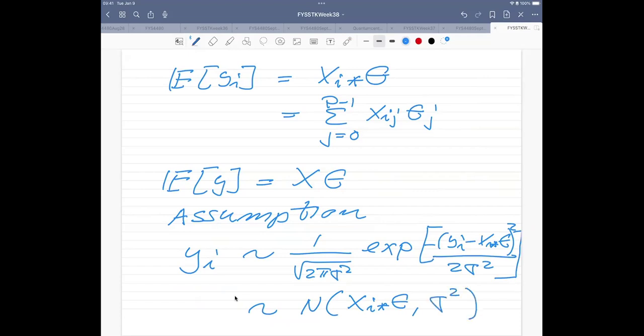I haven't shown you that this is the variance of y. So let me show you the calculation of the variance after we have used that model.